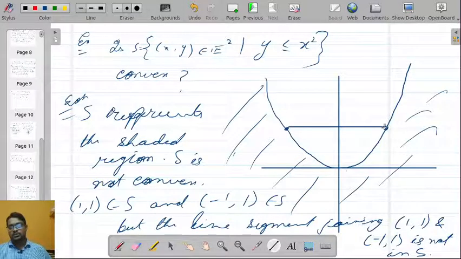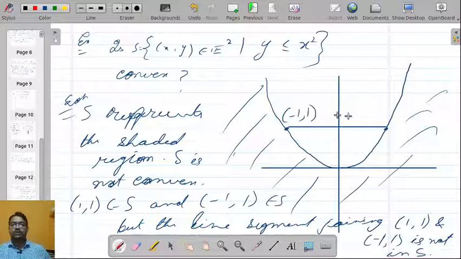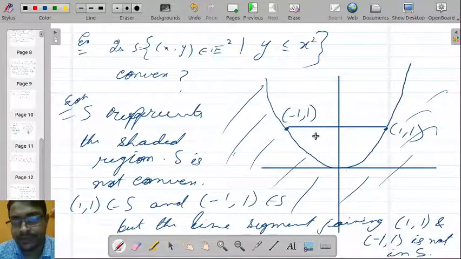You just show this by geometrical argument. This point is (minus 1, 1), this point is (1, 1), but the line segment joining these 2 points doesn't lie inside the set.